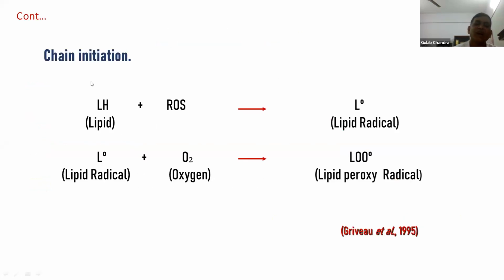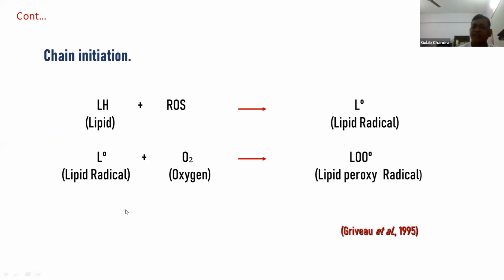This is how the chain reaction is initiated. Free radicals react with the lipids to form lipid radicals, and in the presence of oxygen these lipid radicals form lipid peroxy radicals.